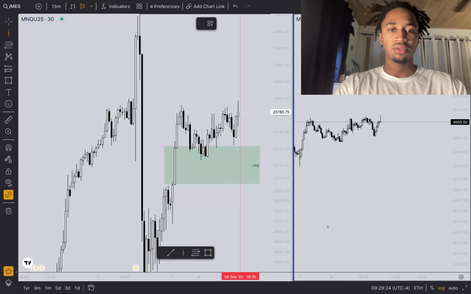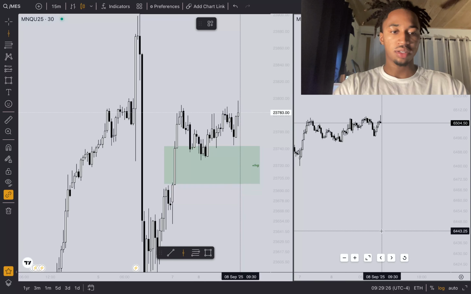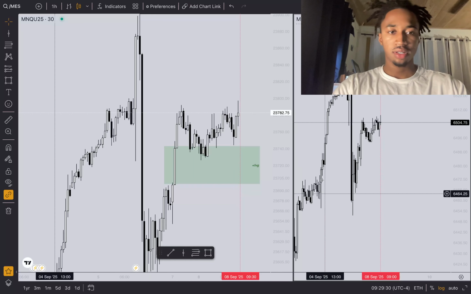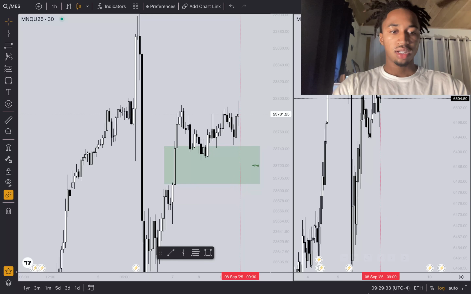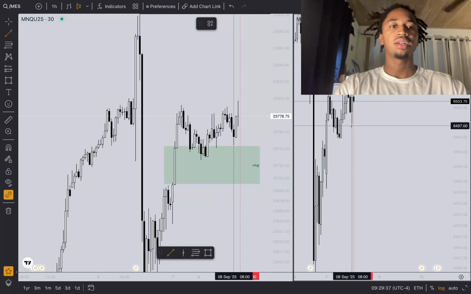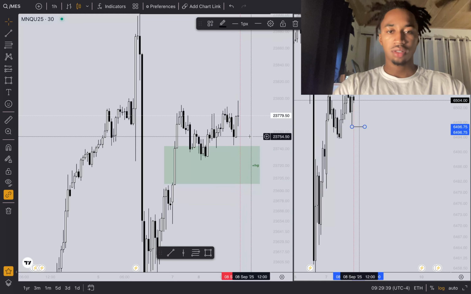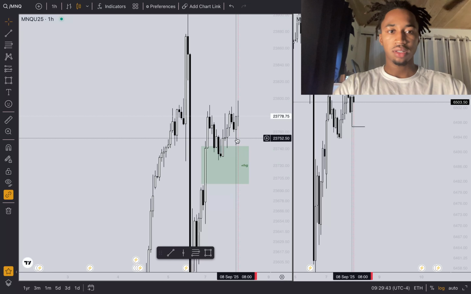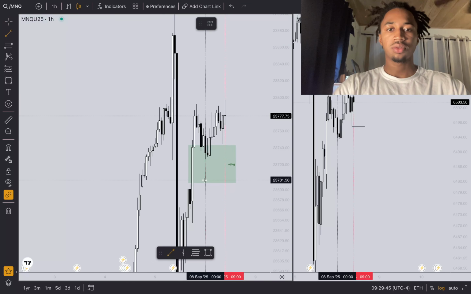What I'd like to see for me to take a long is for market to open and we get a form of trading downward, sweeping out some lows on both pairs, like this low here on the hourly. So we have these lows here.